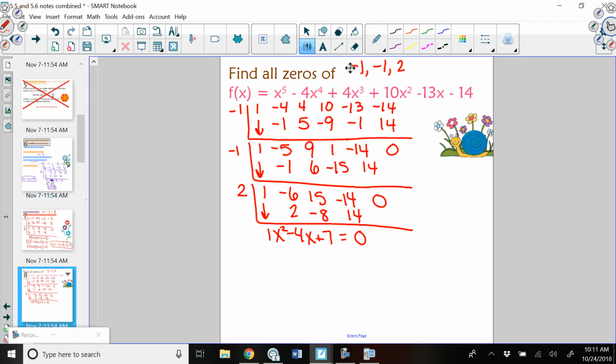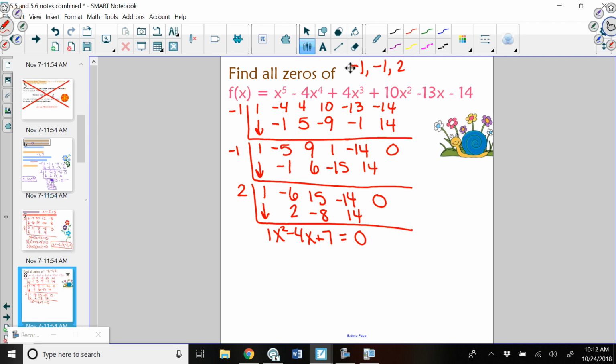Oh, you're right. That doesn't factor. Square root method? Nope, I got a B term. Quadratic formula, or you can complete the square if you want. I won't. That's never my choice. The shortcut only works for what? The cubes.